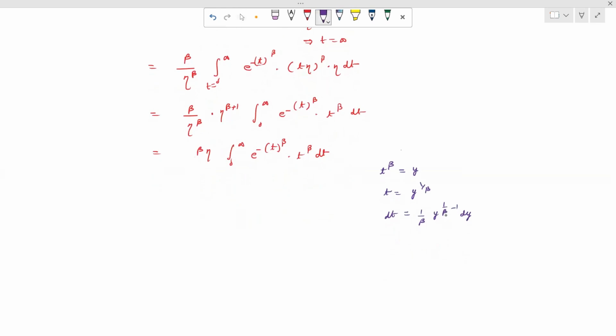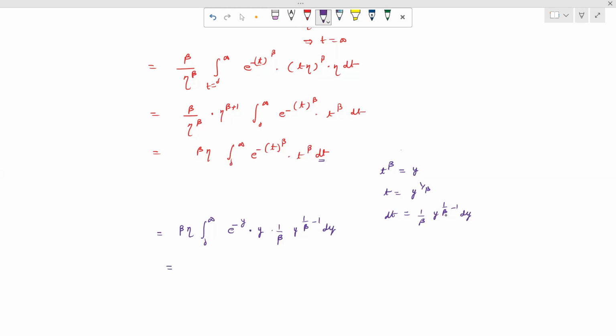What are the limits here? When we put t equal to 0, y equal to 0, and t equal to infinity, y equal to infinity. The limits remain unchanged. So we can write beta upon eta, 0 to infinity, e raised to the power minus y, where t raised to the power beta we have taken as y, and dt is equal to 1 upon beta into y raised to the power 1 upon beta minus 1 into dy.